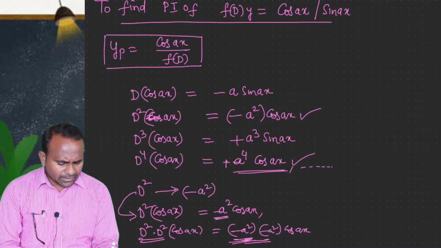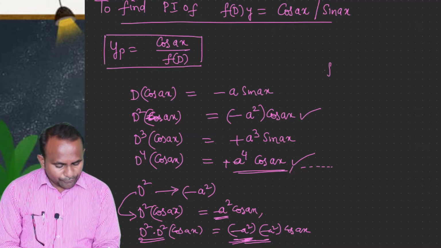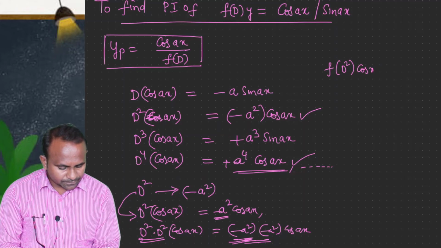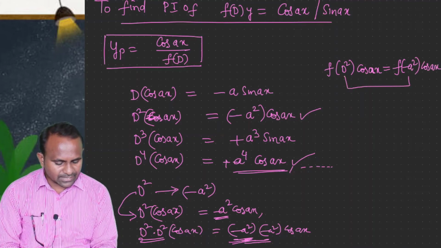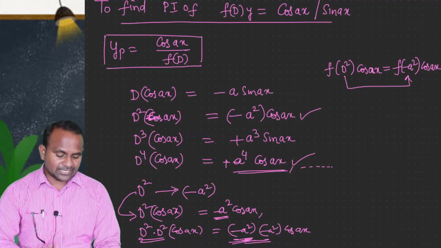What I can write is, if your function is in terms of D square and you are operating on cos x, you can guess the answer as f of minus a square times cos x, simply putting D square as minus a square. You can guess the answer if your polynomial is in terms of D square.